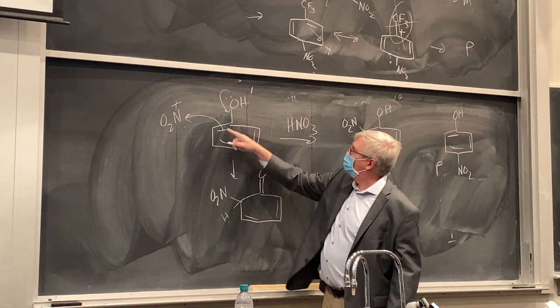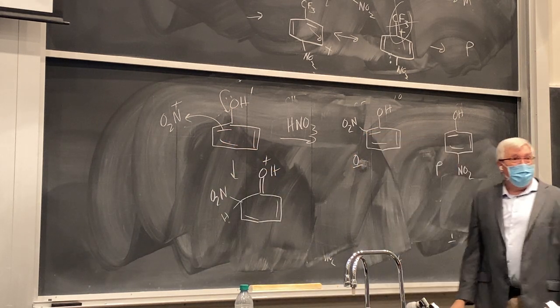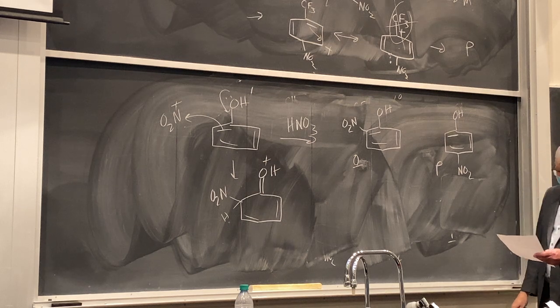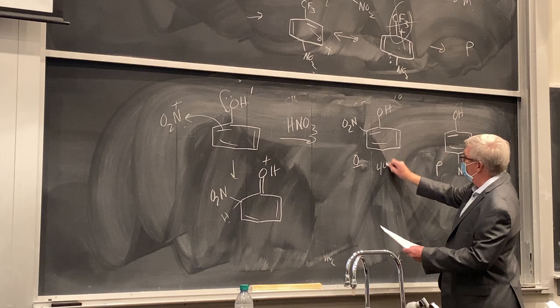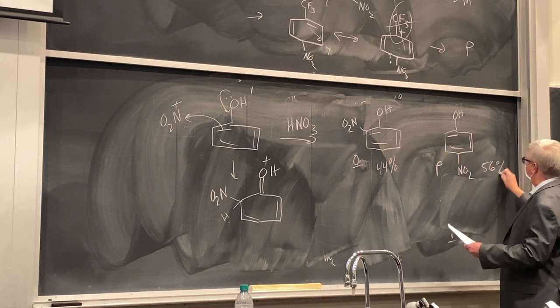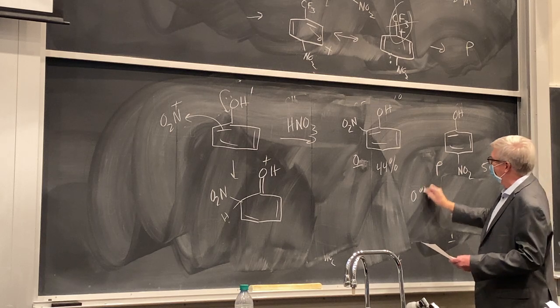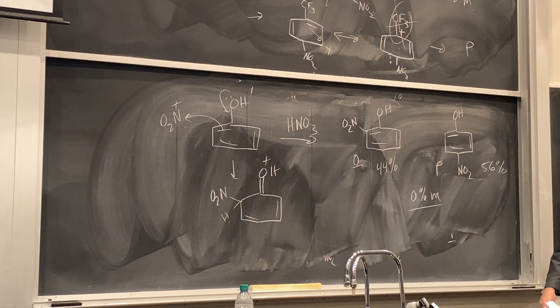You'll just keep pushing the electrons down, and then use these to attack here. But the meta pathway, you can't draw a resonance structure. In fact, there's no meta in this case. This one's 44% ortho, and this one's 56% para. 0% meta. Because that pathway doesn't use the resonance effect of the phenol at all.